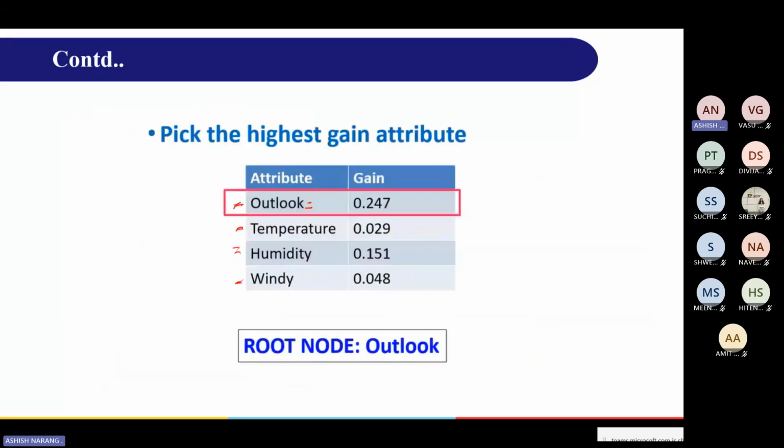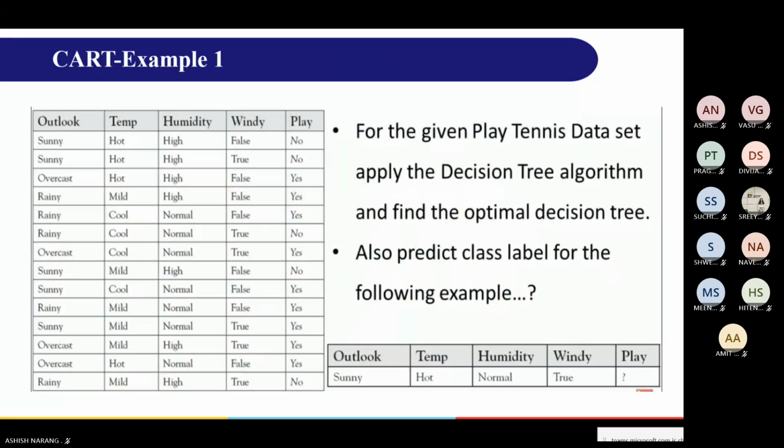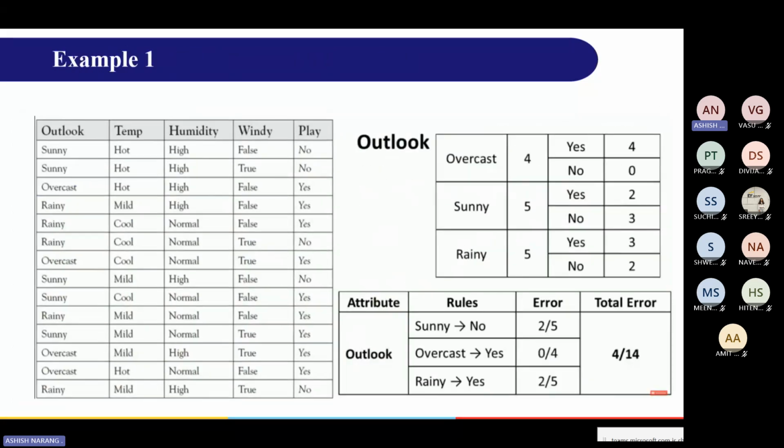So you pick outlook as the root node, right? And then this example was covered, where we were trying to find the error with respect to the rule that we have written. I can explain the same example, but differently. Overcast: yes 4, no 0.